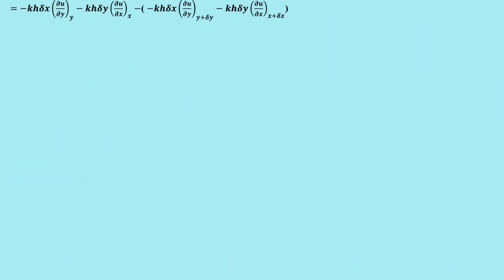So minus k h del x dou u by dou y at y, minus k h del y dou u by dou x at x, minus, inflow minus outflow, right, minus k h del x dou u by dou y at y plus del y, minus k h del y dou u by dou x at x plus delta x. So minus into minus gives plus k h del x dou u by dou y at y plus del y. Similarly plus k h del y dou u by dou x at x plus delta x.